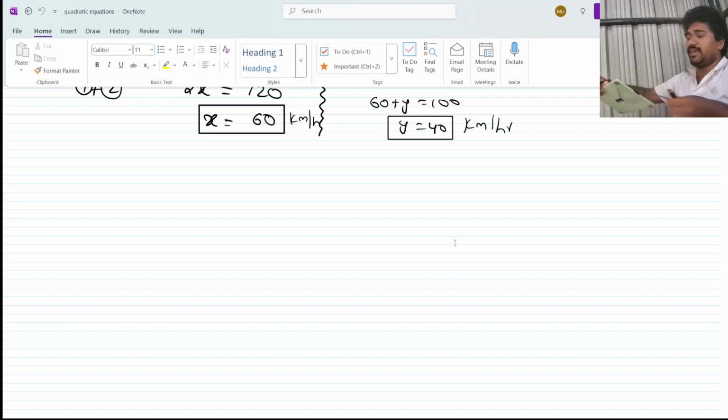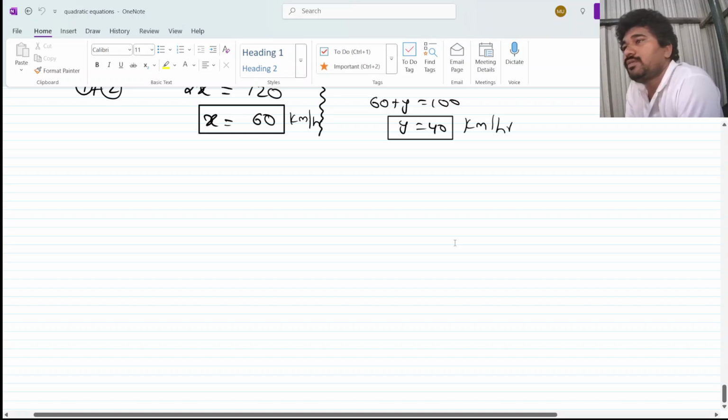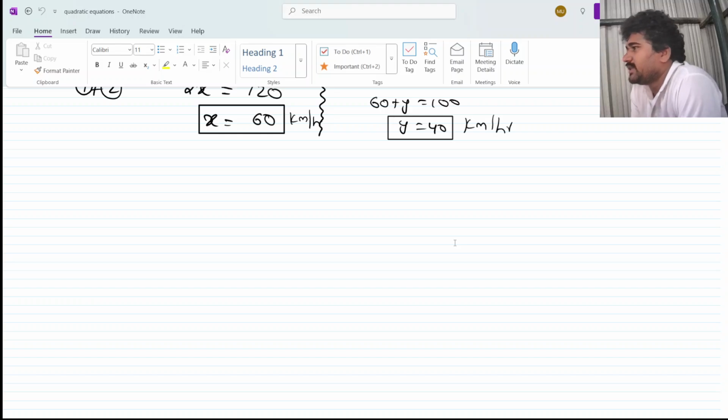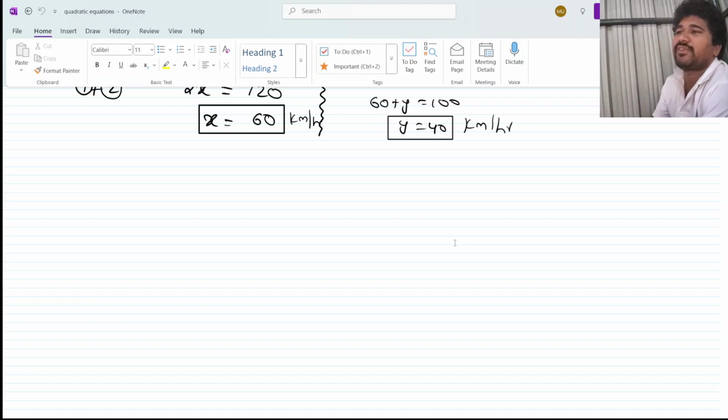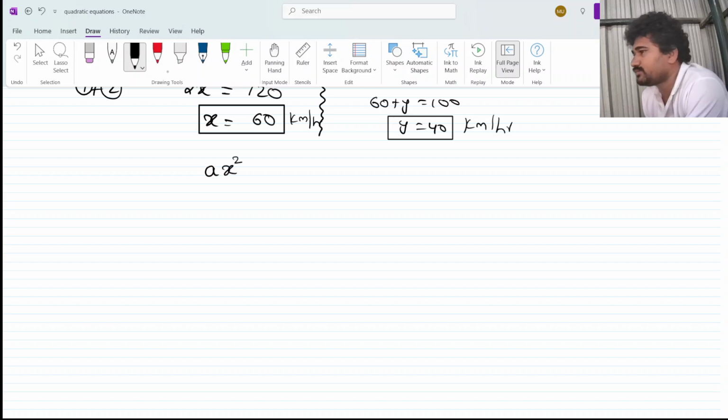In last class, we studied that there are three methods of solving a quadratic equation. Remember, a quadratic equation means the highest power itself should be 2.